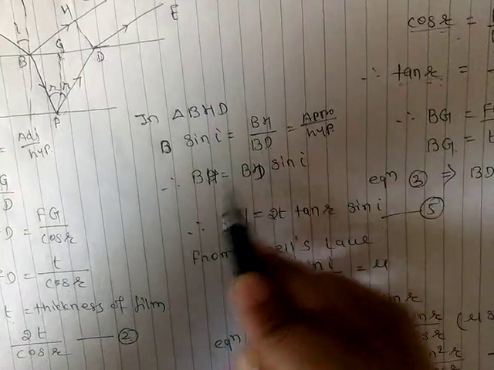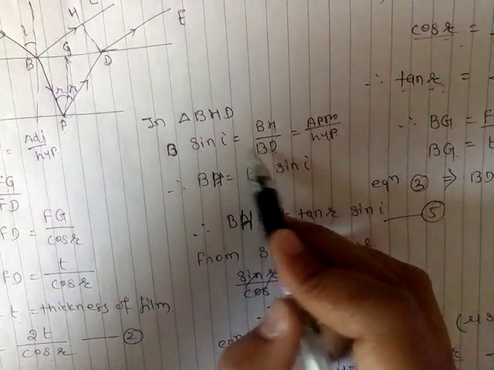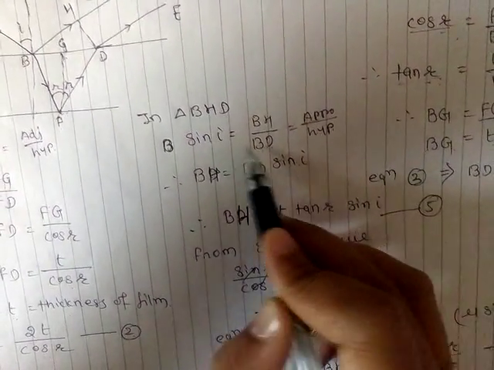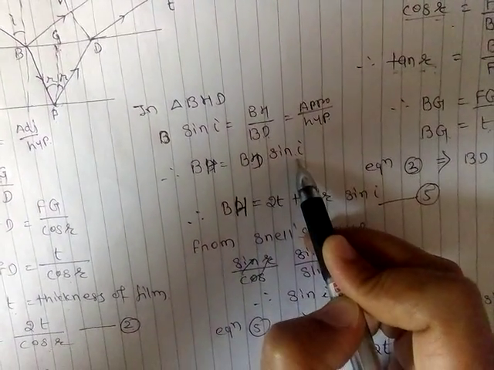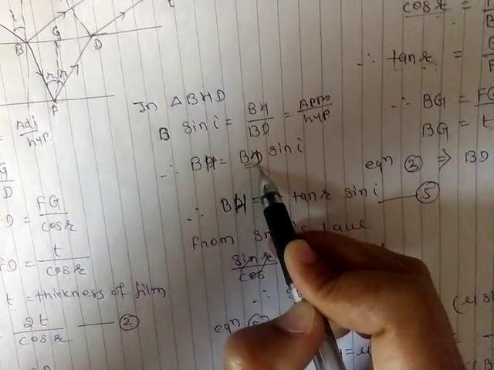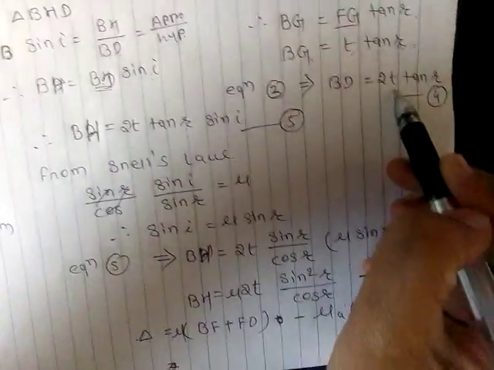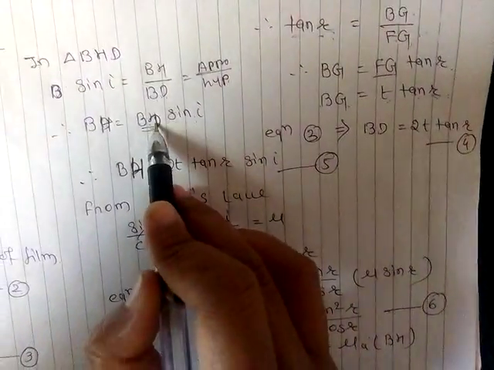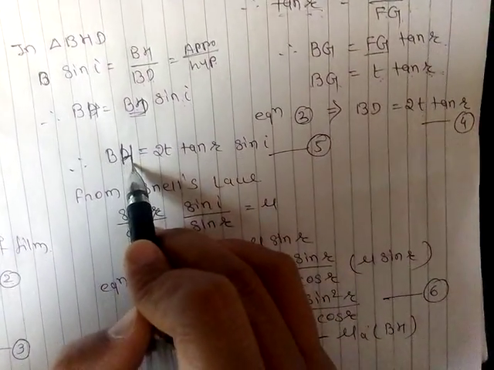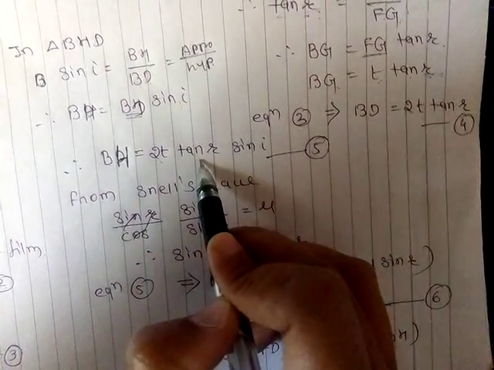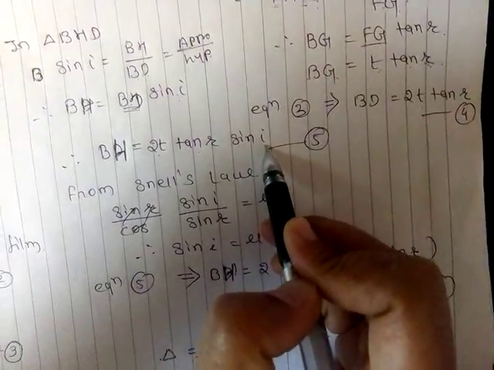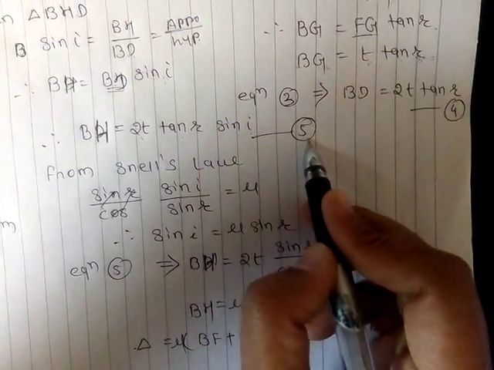From this equation we get BH equal to BD sine I. We have the value of BD here. Substituting this value of BD in this equation, we get BH equal to 2t tan R sine of I. This is equation 5.